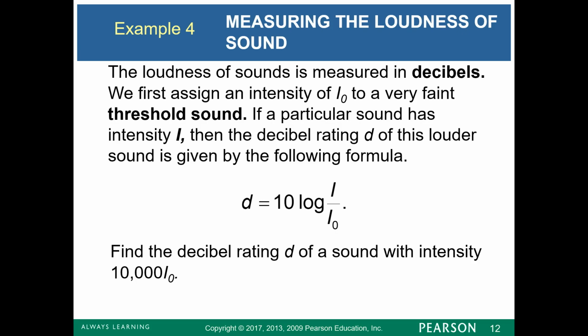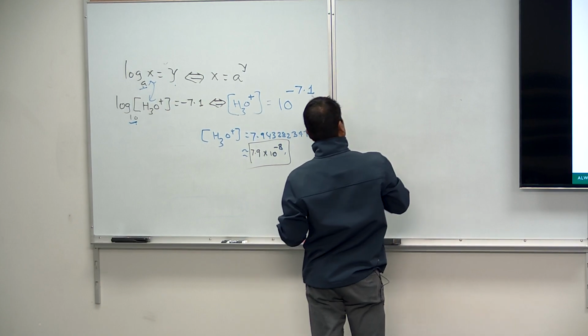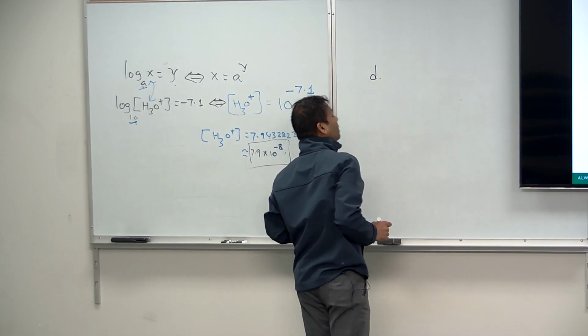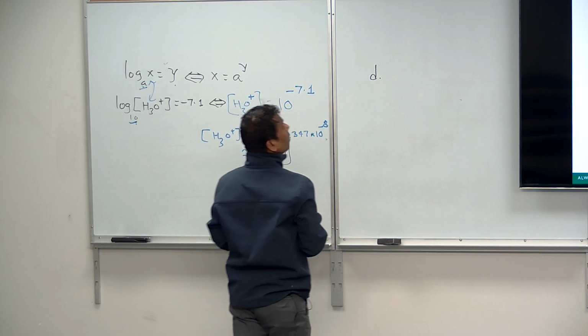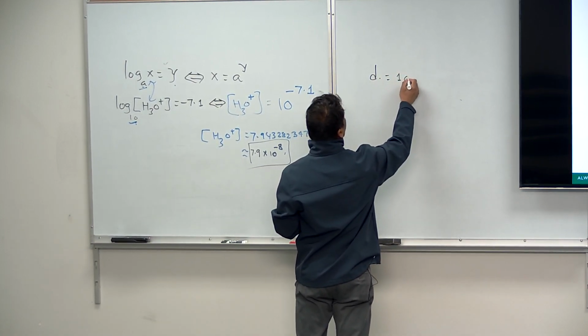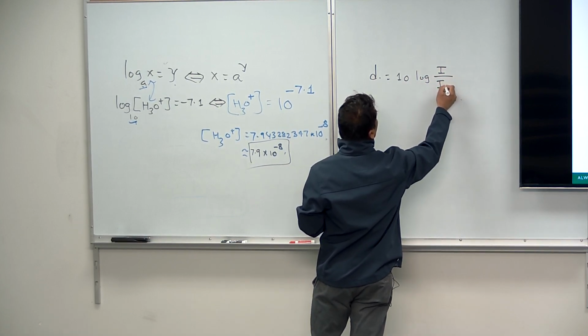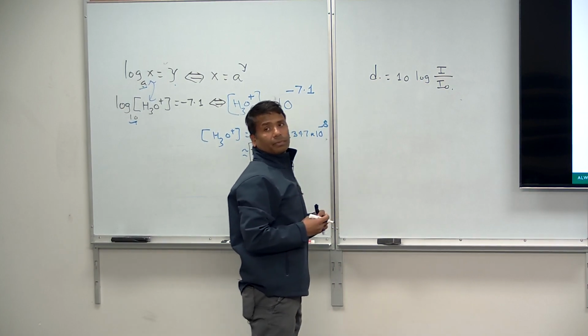So look here. The decibel is given by 10 log of intensity over what? I sub 0. This is the formula.